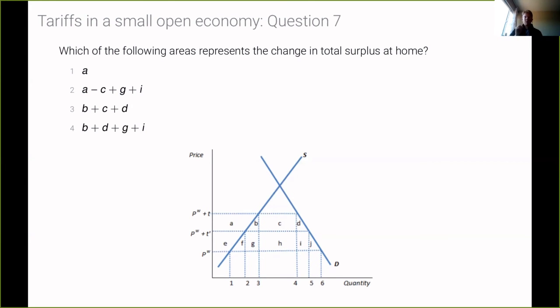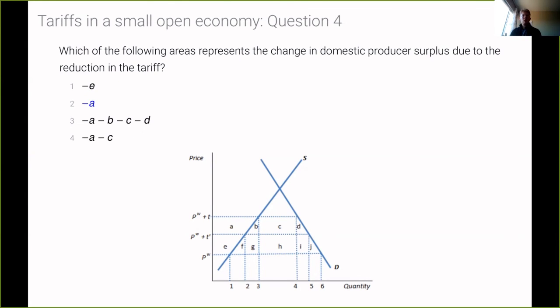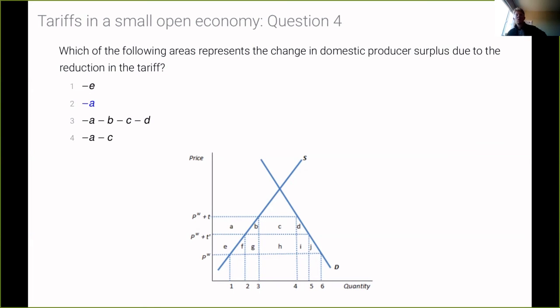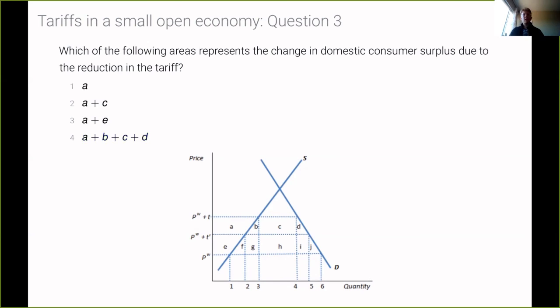So now we want to figure out which of the following areas represents the change in total surplus at home. What we're going to do is add up all of the changes in consumer surplus, producer surplus, and government revenue, and that will help us figure out the change in total welfare. So let's keep track of the changes in welfare for each of our agents.